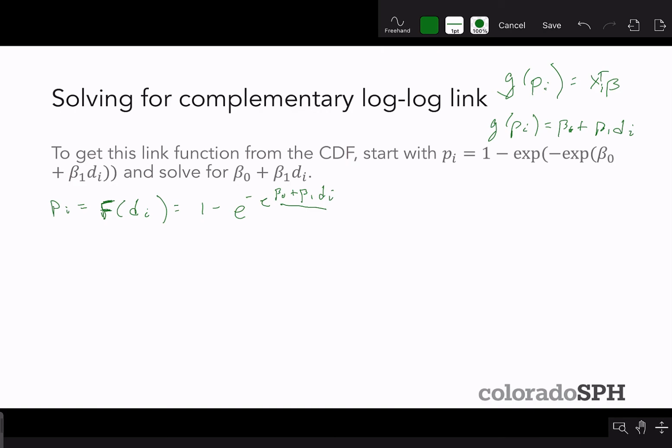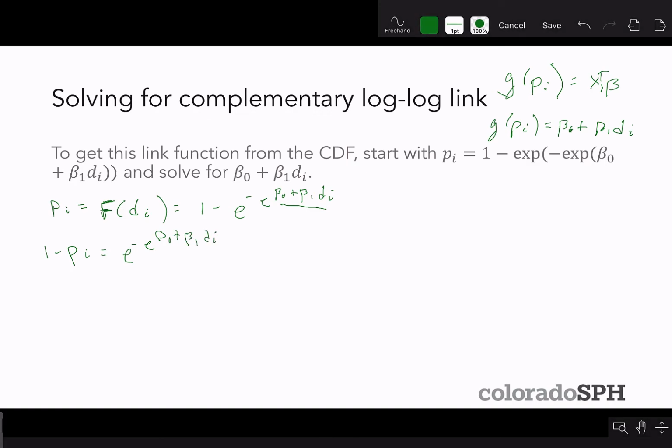And the first thing that we'll do is say one minus pi equals e to the negative e to the beta 0 plus beta 1 di.